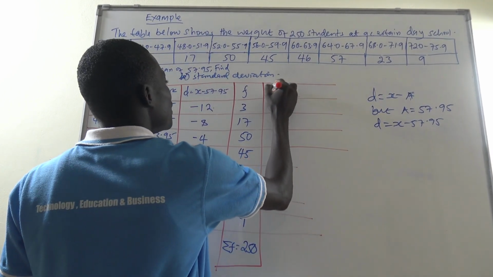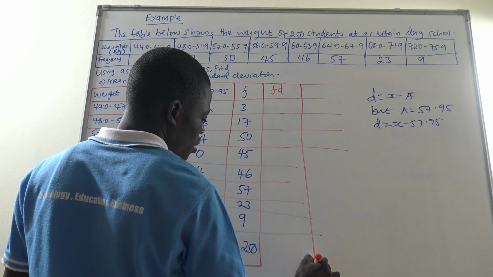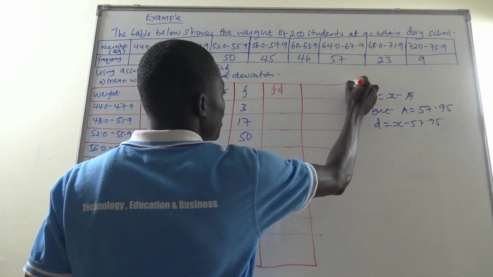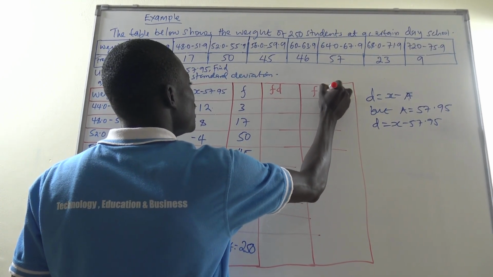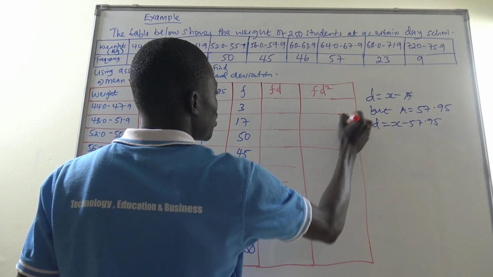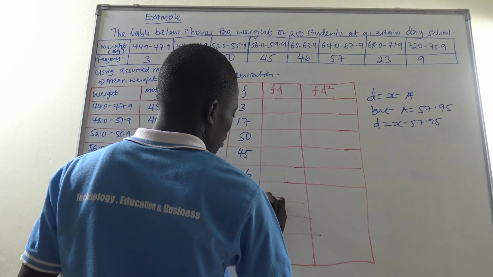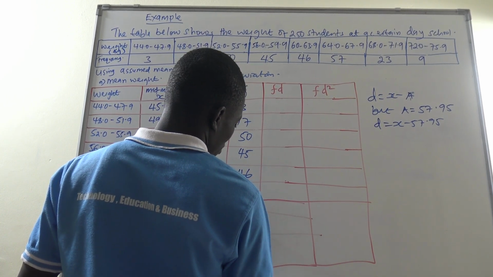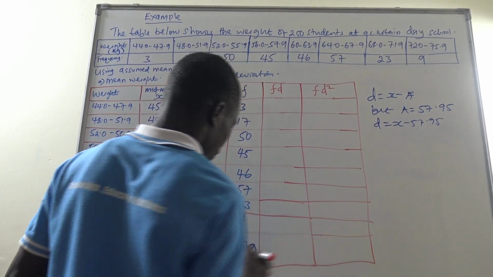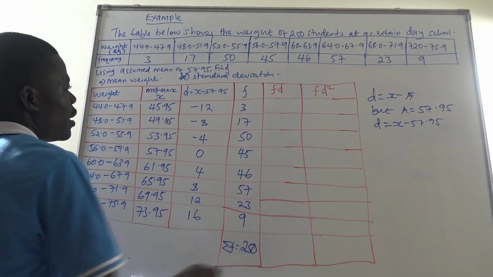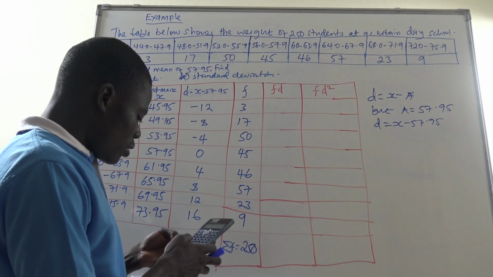So we need the column for f times d. Then we need the final column for f times d squared. Those are the two columns which we need to do. So now f times d means getting f times d or d times f.